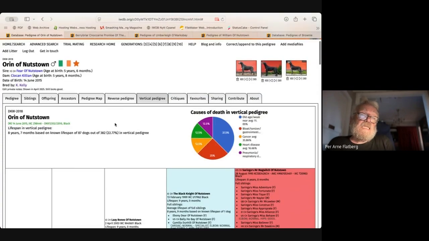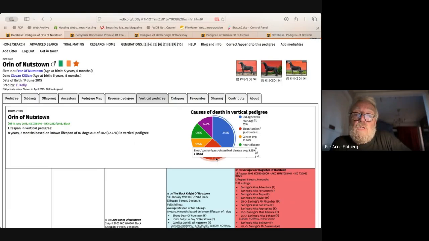And then you can see the same average calculation here with lifespan of vertical pedigree, which is also quite good. I also tend to look at the causes of death and see if they look quite normal. In this case, old age weak rear is the dominant cause of death, 37.5% of the dogs, whereas the average, as you'll see here, is just 11%.